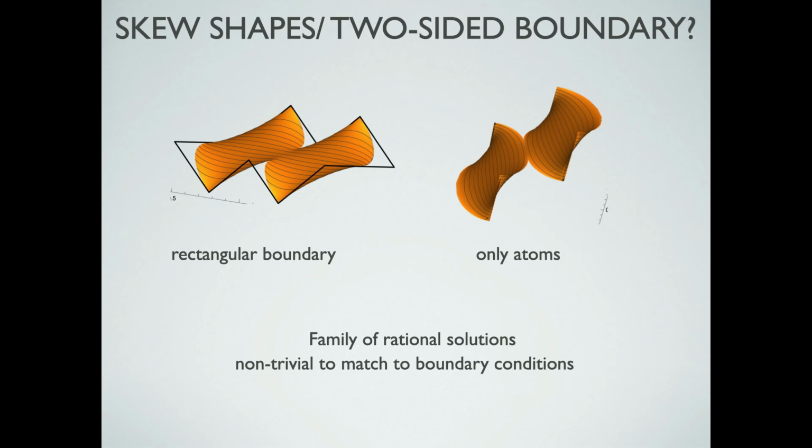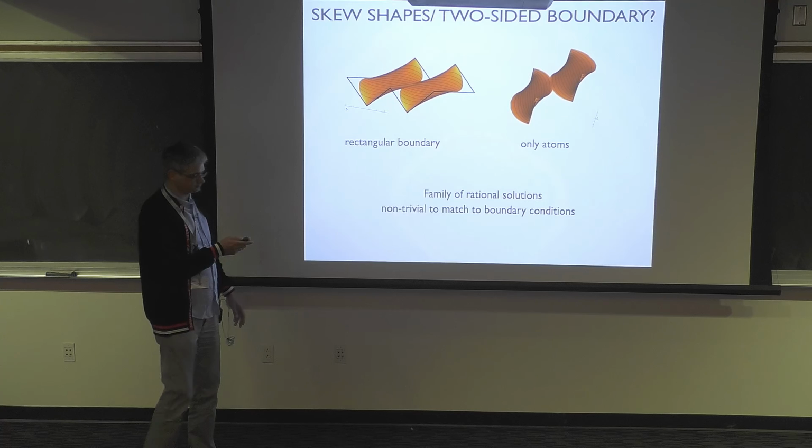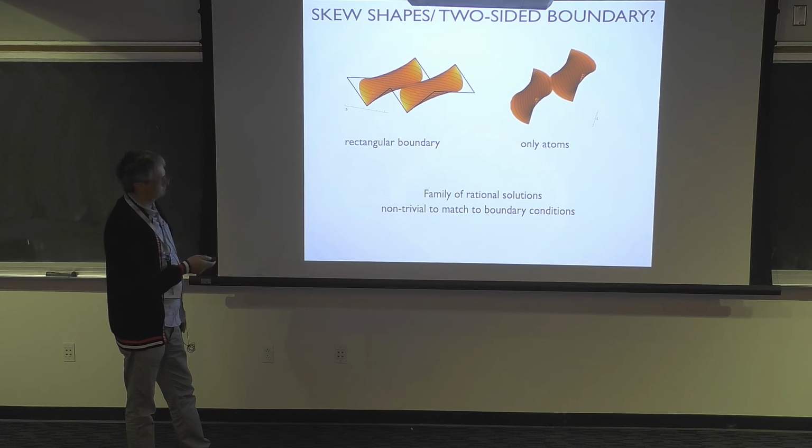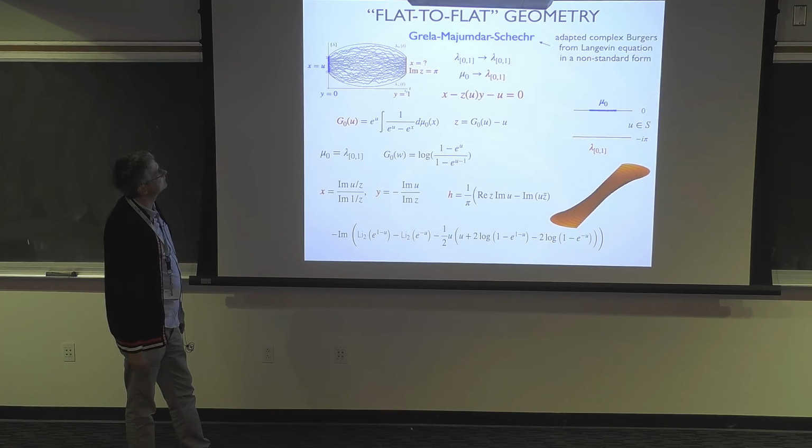Now we expect, or one can construct, a family of rational solutions, but then, as usual, also in dimers, the matching to the boundary conditions becomes a difficult problem. Of course, some simple ones can be treated.